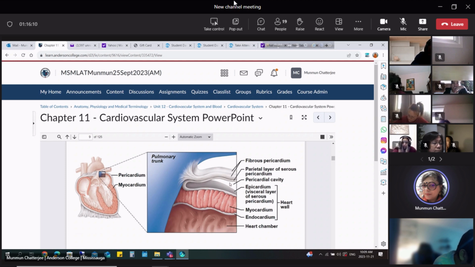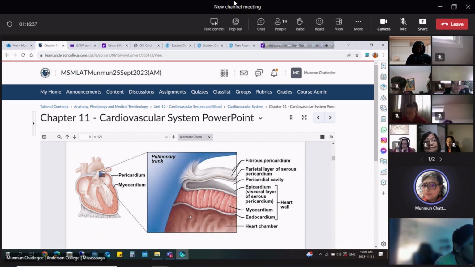And this is the pericardial cavity, which is filled with fluid. Then the heart has two other layers: the myocardium, the muscular layer of the heart, and the endocardium, which mainly lines the atria or ventricles.